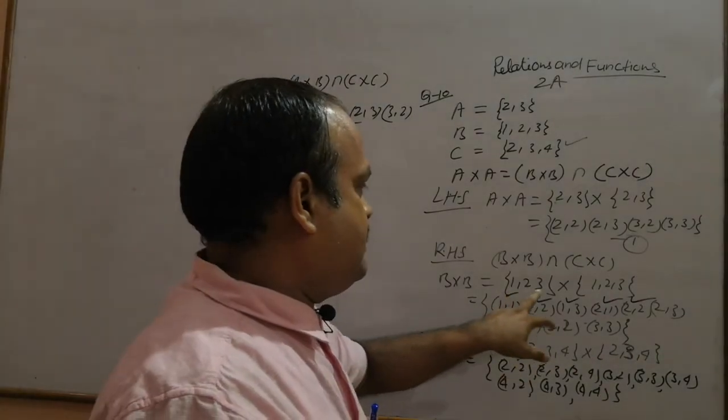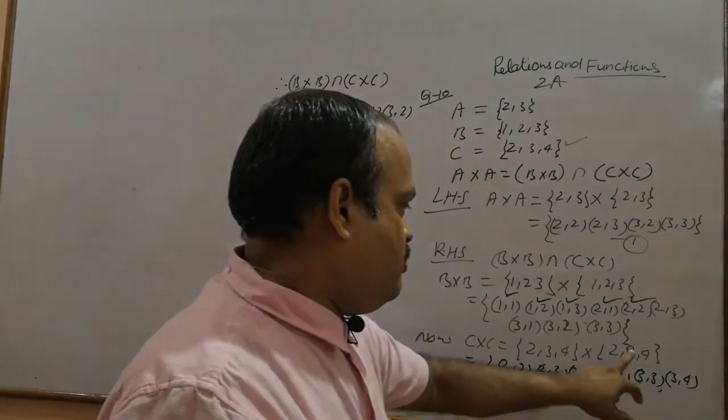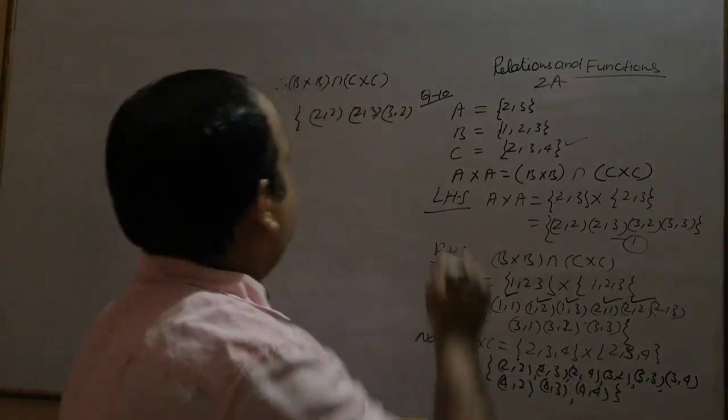Next is (3, 3). Do we have (3, 3) here and there? Yes.